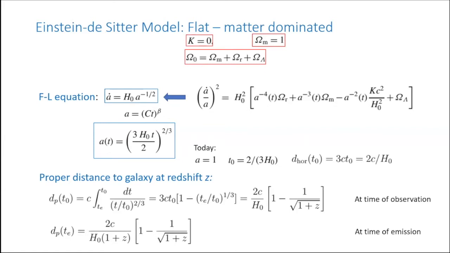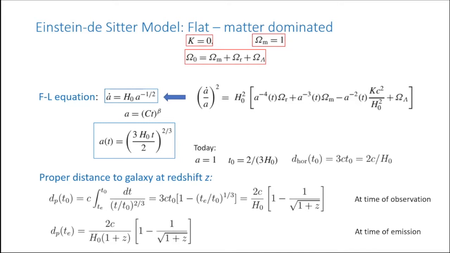So that means the distance of the horizon today. This is just 3 times c times t0, and t0 is that. You get a number, and it's not a very big number. Meaning, if you don't have a large number for your horizon distance, you cannot see further out.